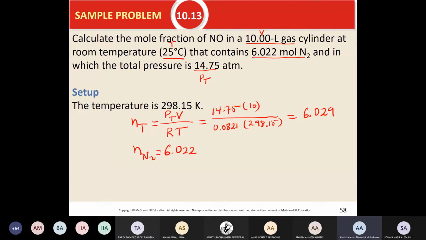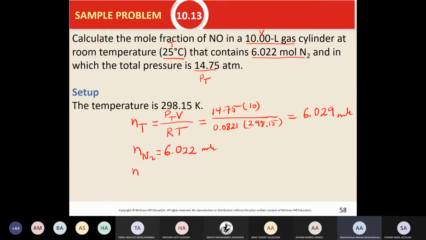0.022 mole. Good. Then automatically, what's the number of moles of NO? The difference between them. Subtract the total by the nitrogen.